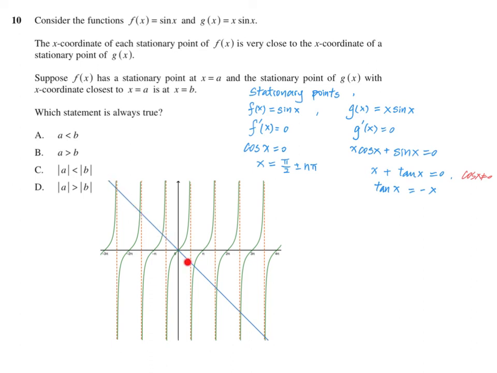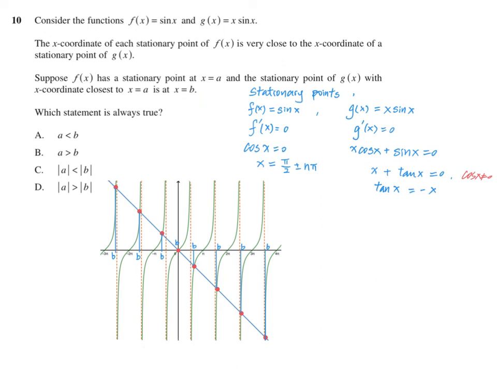And the blue line represents y equals minus x. In order to solve the equation of tangent x equals minus x, we locate the intersection between the blue line and the green line. At all these intersecting points, the first derivative of g(x) equals 0, which means the x-coordinate of all these intersecting points can be the value of b.